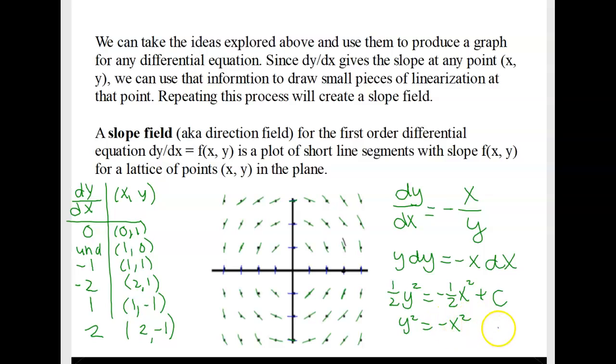So y squared over 2 equals negative x squared over 2 plus c. y equals plus or minus the square root of negative x squared plus c, which is a circle of radius c. Well, c squared.